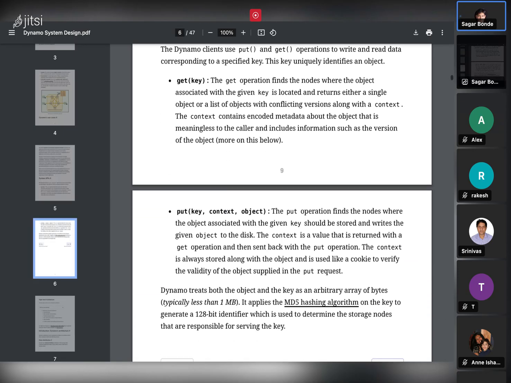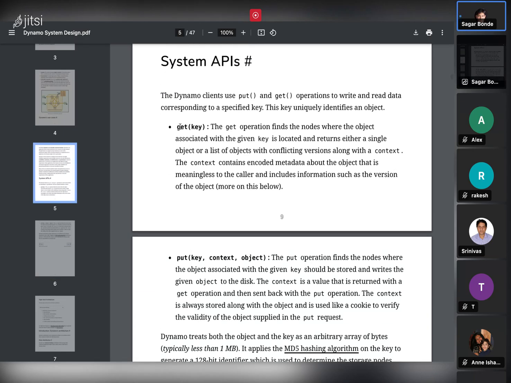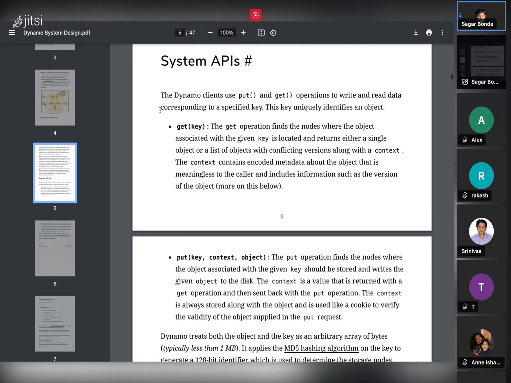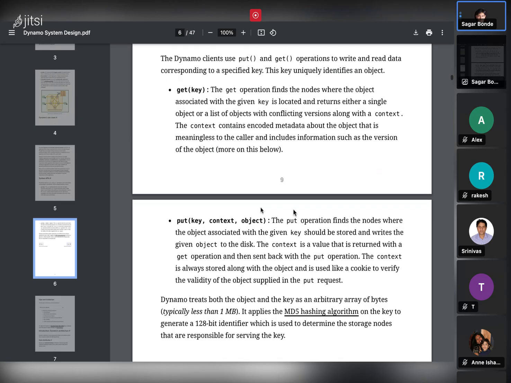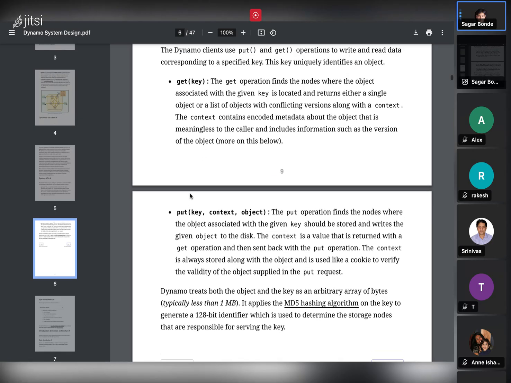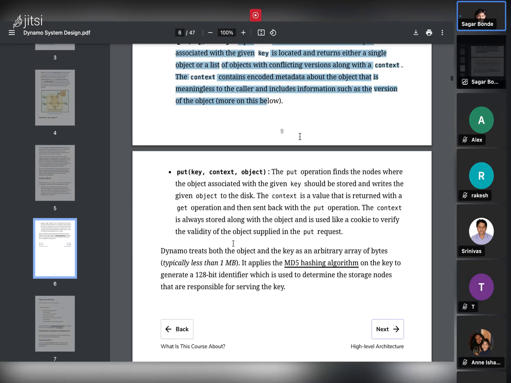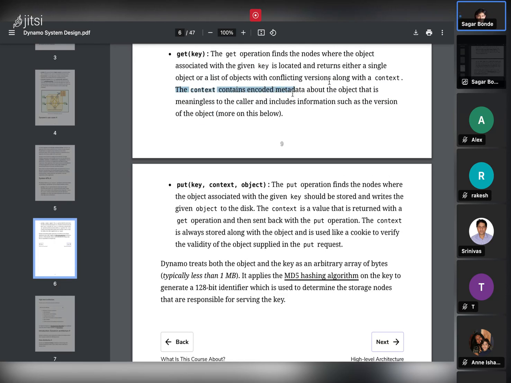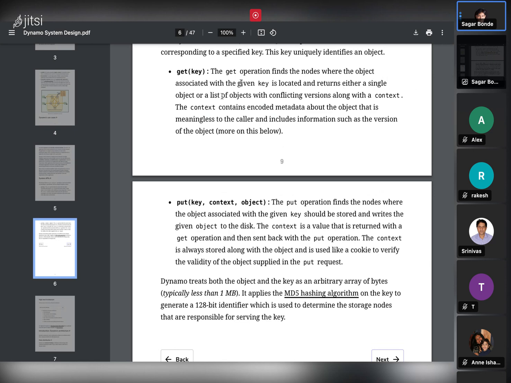Okay. Just a quick revision. From a functional requirement point of view, the Dynamo client will have a get and put function. With get, it needs to pass a key, and the context contains the encoded metadata of the object that is meaningless to the caller. They are calling it context.